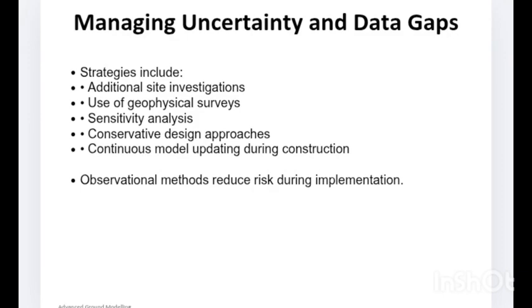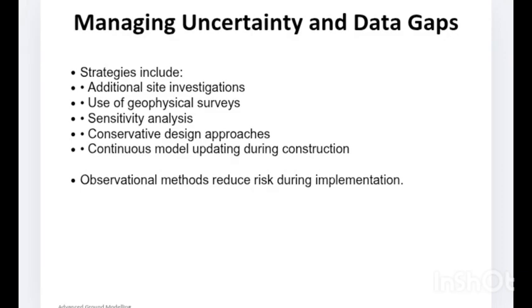Number 3 is sensitivity analysis. This examines how changes in parameters affect design outcomes. When we're assuming, we tweak some parameters and see, what if it's not exactly as we're saying, if it's in this range, what's going to be the outcome.